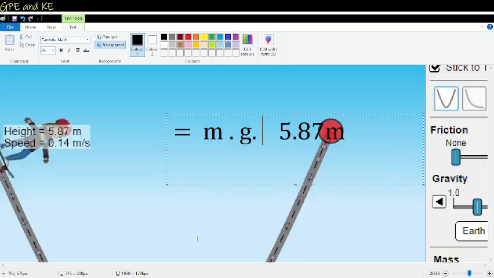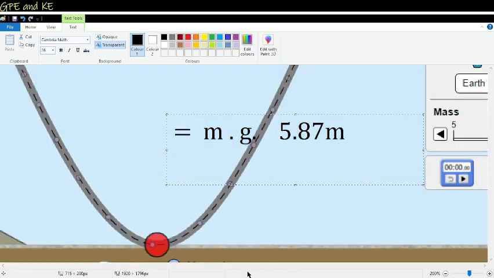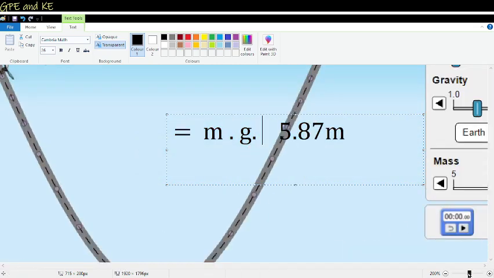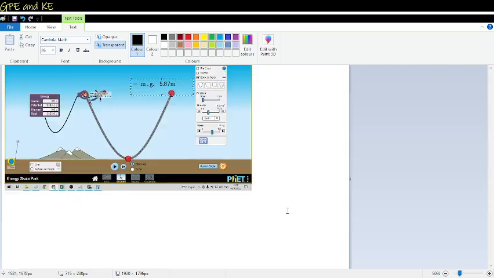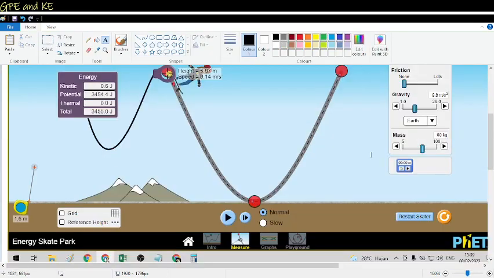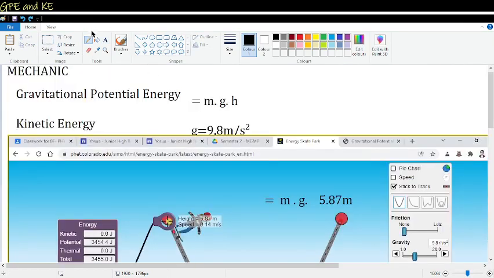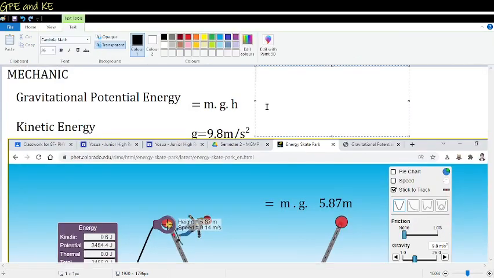The mass of the girl is 60 kilogram. So the mass is 60 kilogram times the gravity 9.8, times the height 5.87 meter.